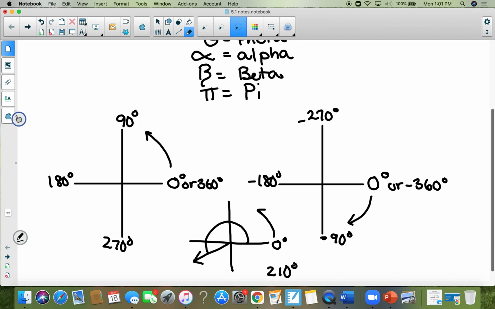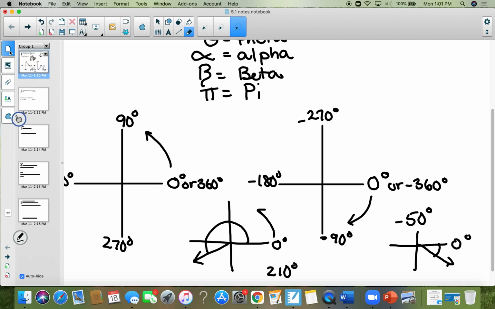So that's a positive 210 degrees. If I told you to graph a negative 50 degrees, you still have to start here, but you go down, and it's about here is a negative 50 degrees.